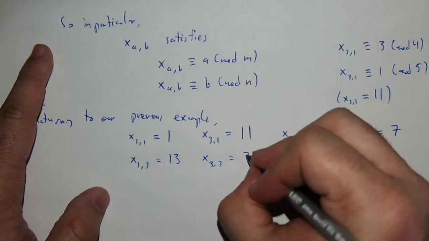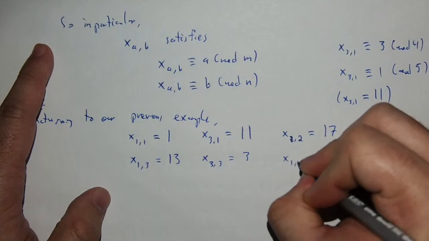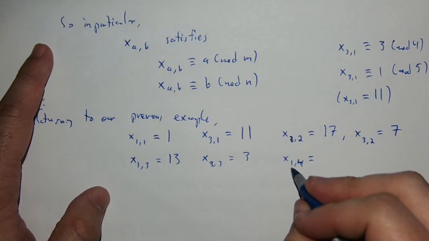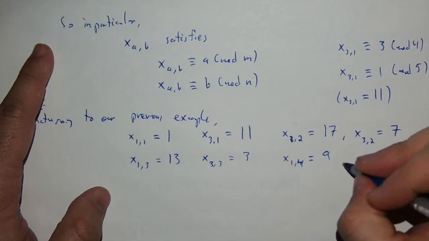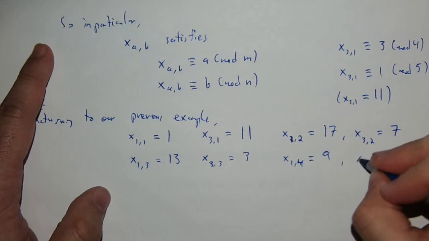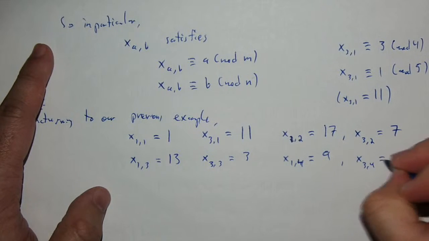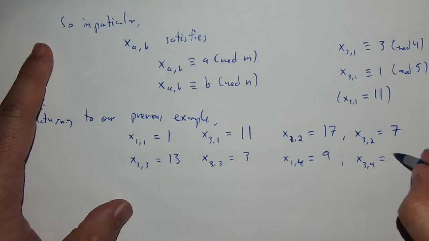Well, that's 3. And x sub 1, 4 is congruent to 1 mod 4 and 4 mod 5. That's 9. And lastly, x sub 3, 4 is congruent to 3 mod 4 and 4 mod 5, so it's 19.